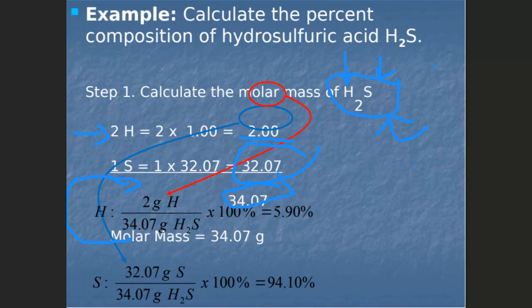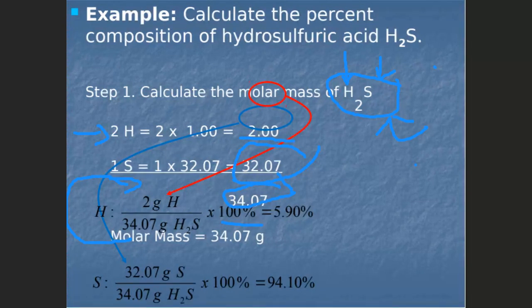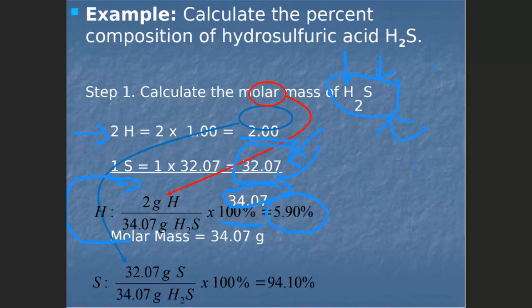Total mass is 34.07, times 100%. So we find this is 5.9%. Now let's do the percentage of sulfur. Similarly, we have the individual mass of sulfur divided by the total mass of this compound times 100.